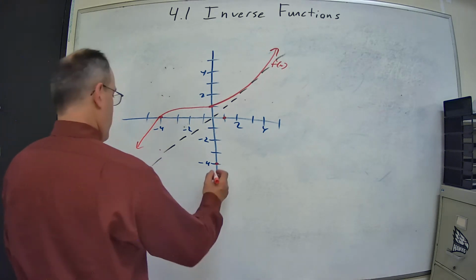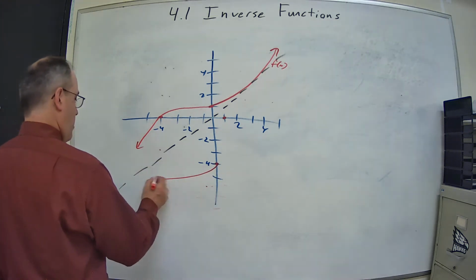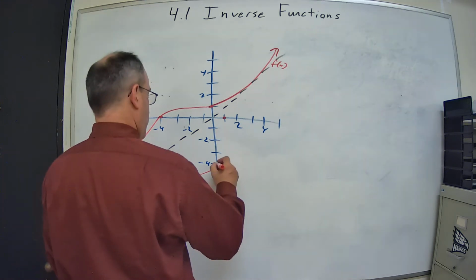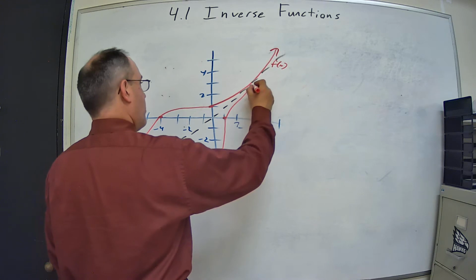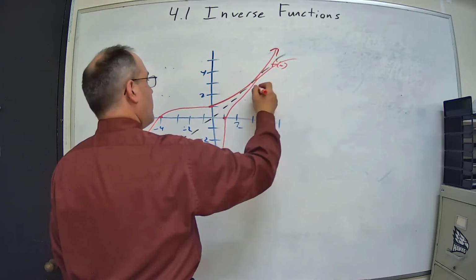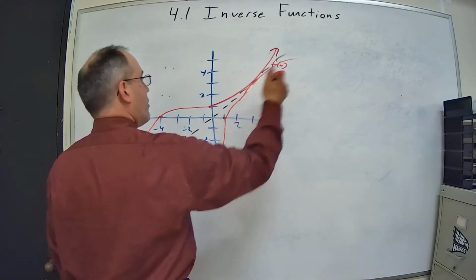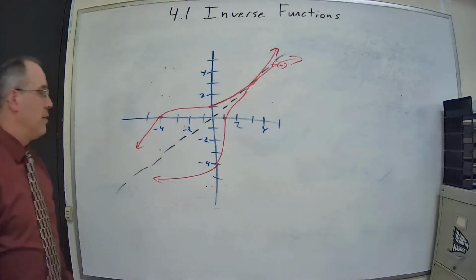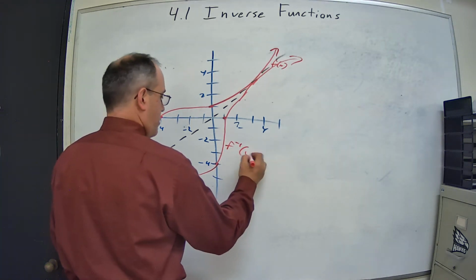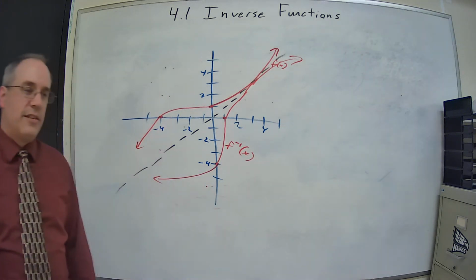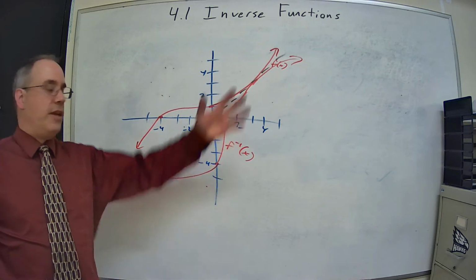And so we are coming in, something like that, up, into there, coming close to and not quite hitting. We're getting it more into there. And we have f inverse of x.